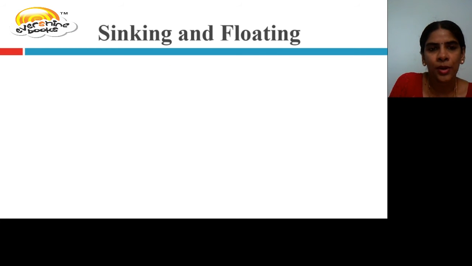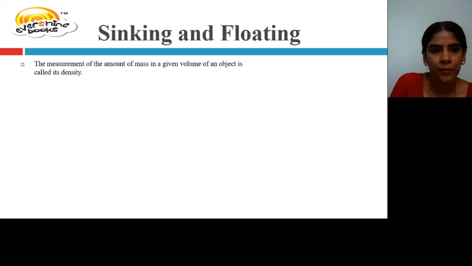Next property is sinking and floating. The measurement of the amount of mass in a given volume of an object is called its density. Density of any object can be calculated by dividing its mass by its volume.